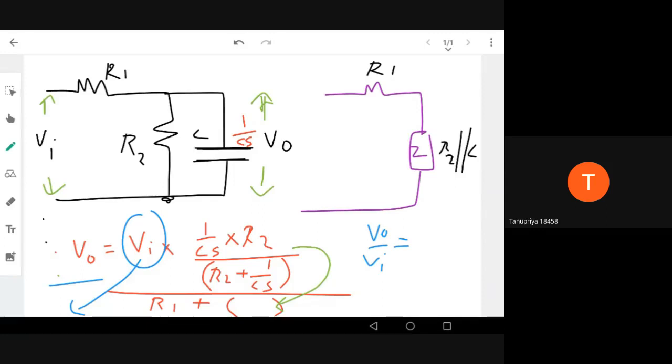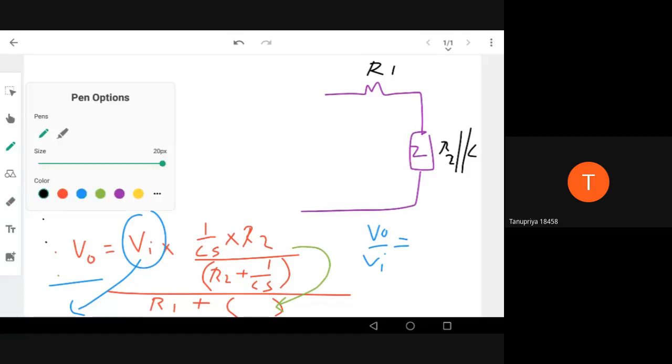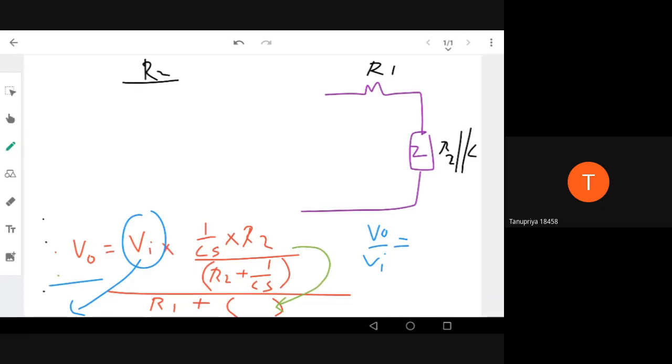Okay, so can anyone give me the answer? You can try this, it is algebra, but don't make mistakes. Yeah, so one is already written. Okay, so don't make mistakes, that's the only thing. So let me try, 1 by R2 here by Cs.